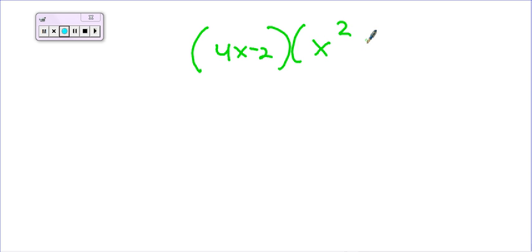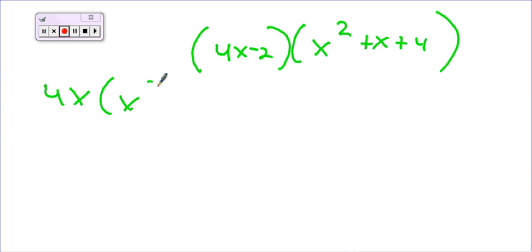The last one I want to practice with you is what happens when you have a binomial, 4x minus 2, multiplying a trinomial, x squared plus x plus 4. First term by every term in the second polynomial, and then the second term in the first by every term in the second.